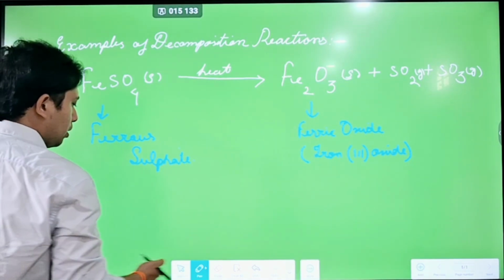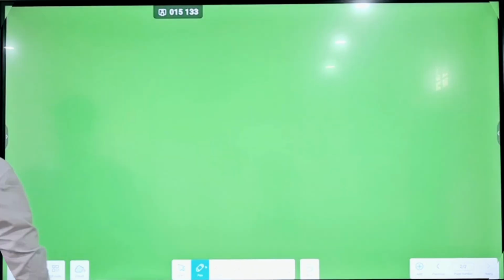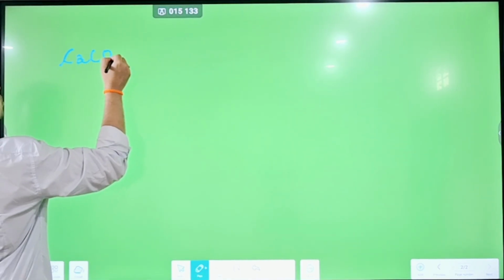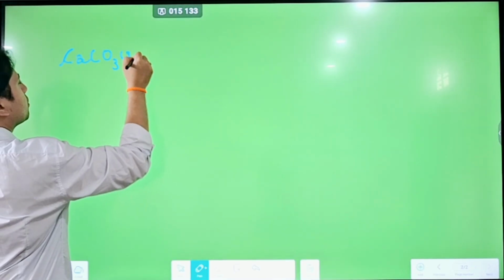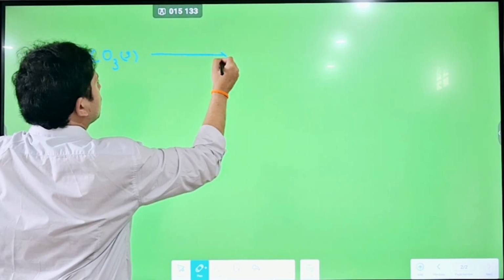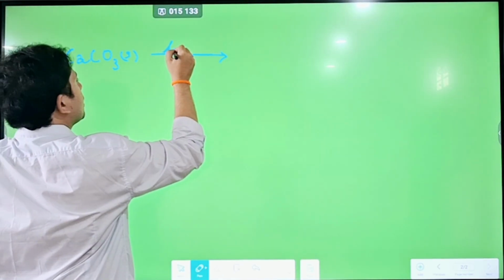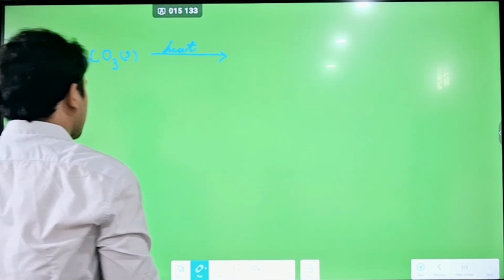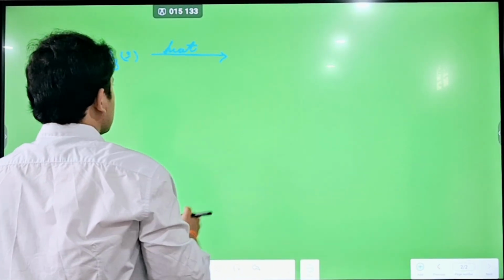So next example. Let us take calcium carbonate, which is a solid. Again, in this reaction we have to give heat. On heating, we will get calcium oxide plus carbon dioxide.